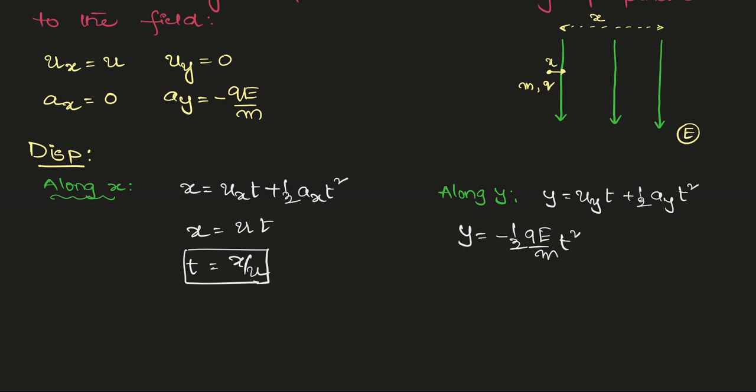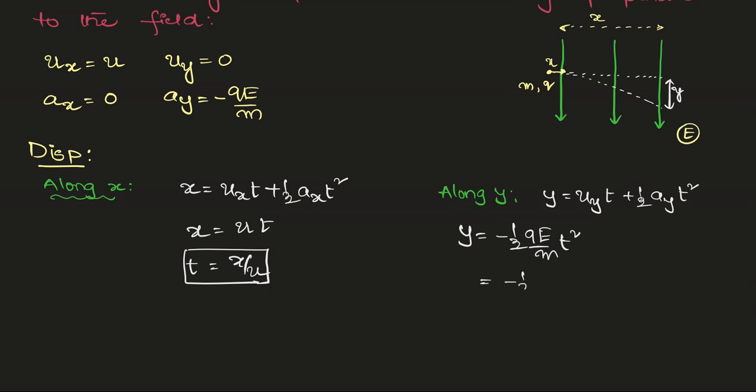That means the particle will not move in a straight line. It will have some vertical displacement. As I am assuming a positively charged particle, it will experience the displacement in the downward direction. If it is a negatively charged particle, definitely it will move in the upward direction.